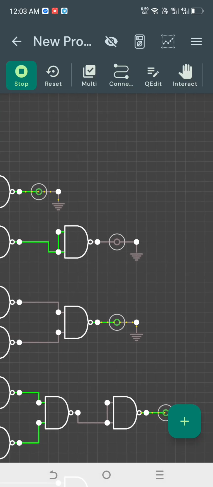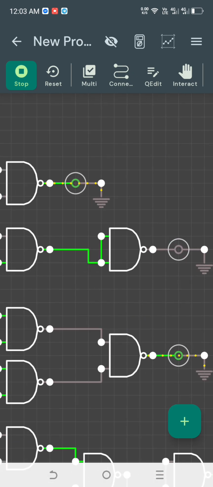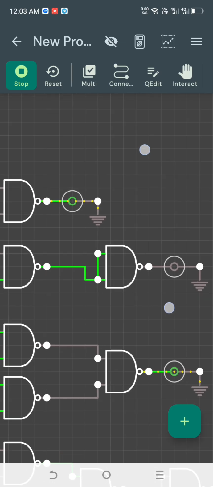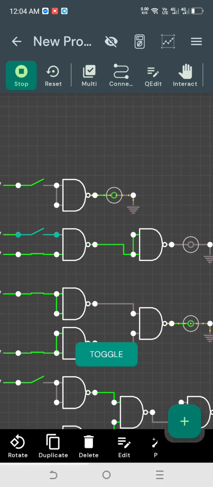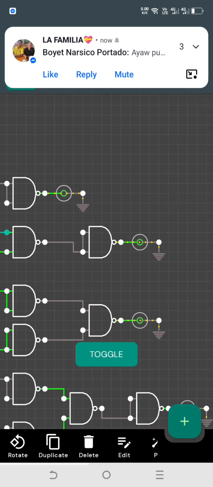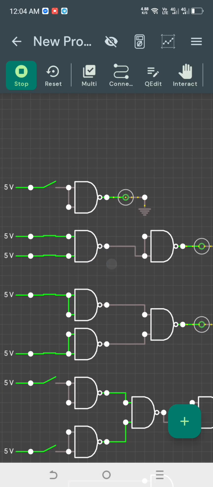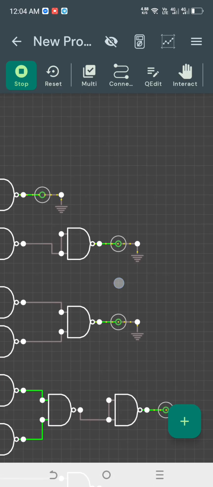This will not run because both inputs are 1 in this last part, so the output is 0. When both are turned on, 1 and 1 gives output 0, and 0 and 0 gives output 1. So that's why it worked.